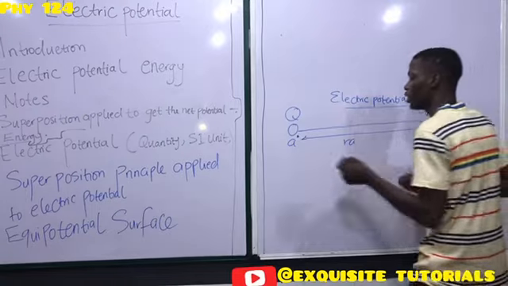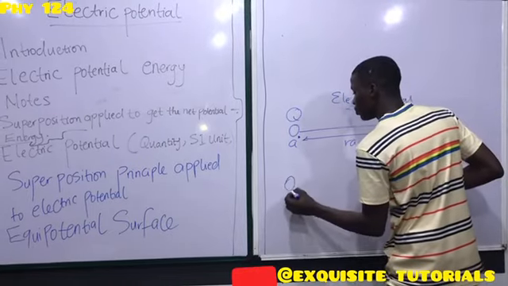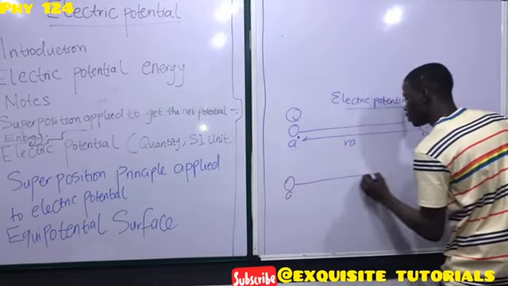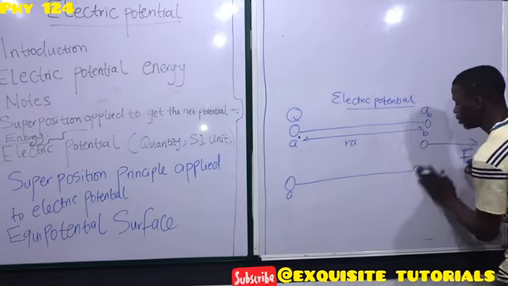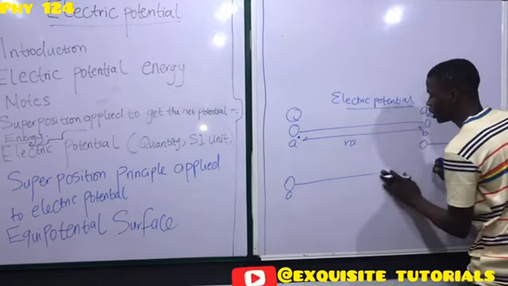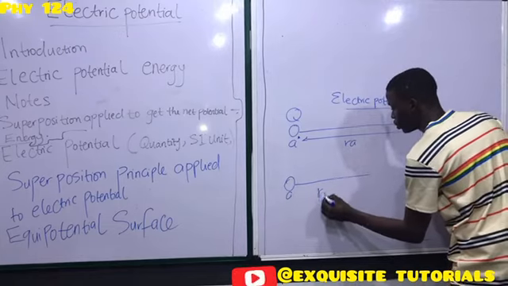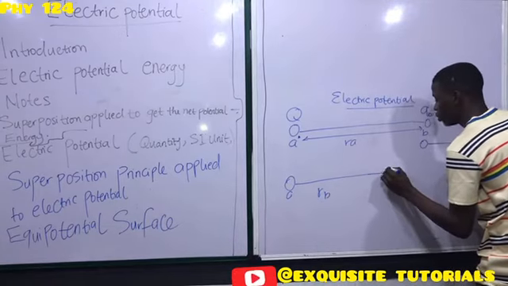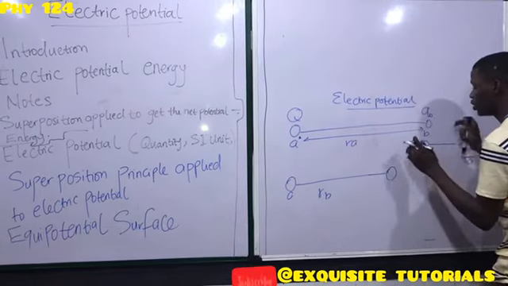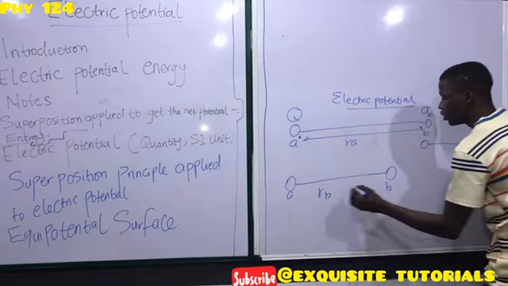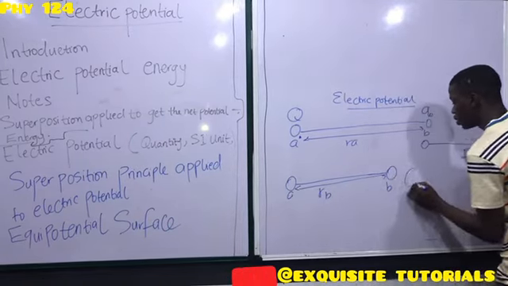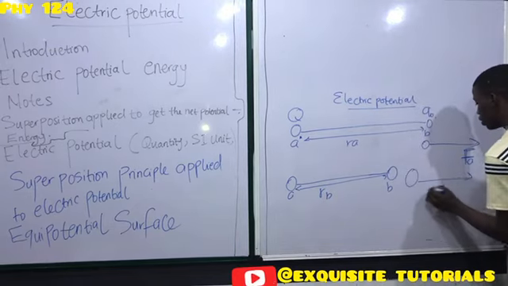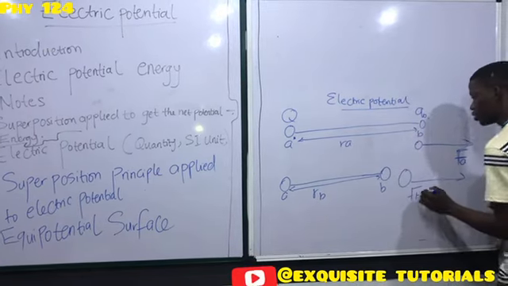Then let's bring another point charge. Let's place them. This time the distance between each other is reduced, assuming we are trying to reduce the distance between them. This one is equal to RB. The conservative force here is equal to FB.